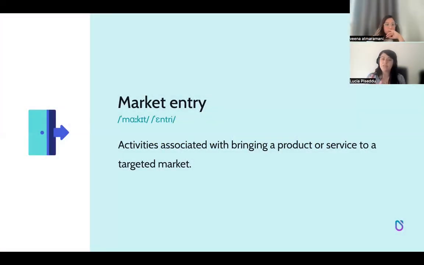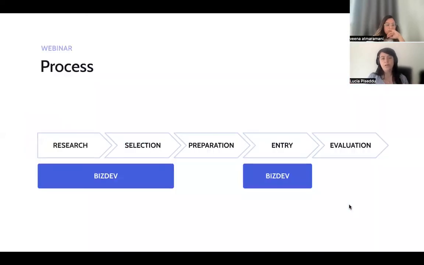So market entry is both international expansion, but also entering into different market segments. Now, when we're talking about market entry, again, depending on the type of market entry we're doing, business developers are not involved in the entire process necessarily. You might collaborate with other teams, from technical teams, marketing, sales, and so on.